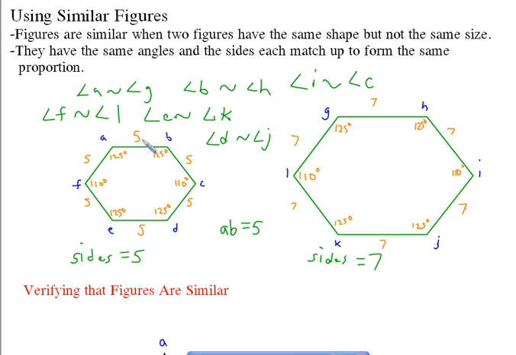That's how I indicate the value of AB is equal to 5. And the value of GH is equal to 7. This may seem a little bit odd, but anything here that's a 7 is going to correspond to something over here that's a 5. So we can form a ratio between the two polygons, which is a 5 to 7 ratio.